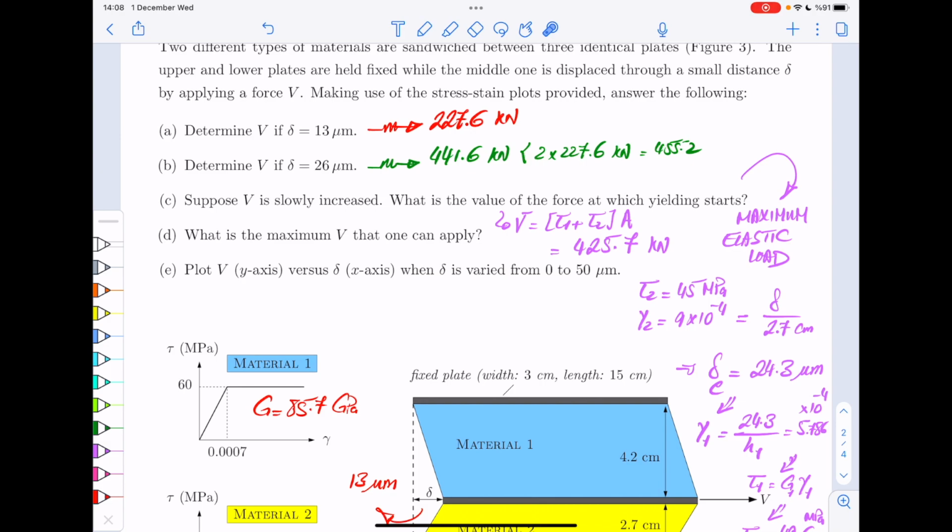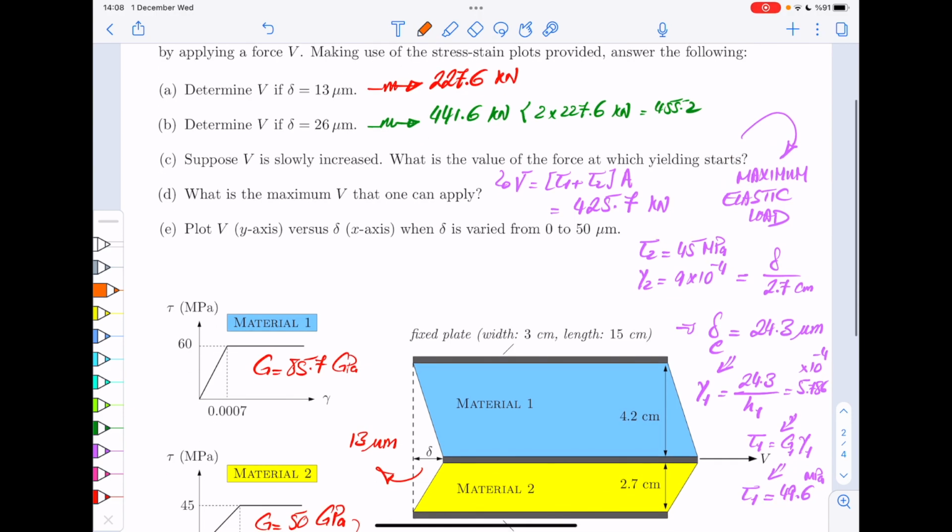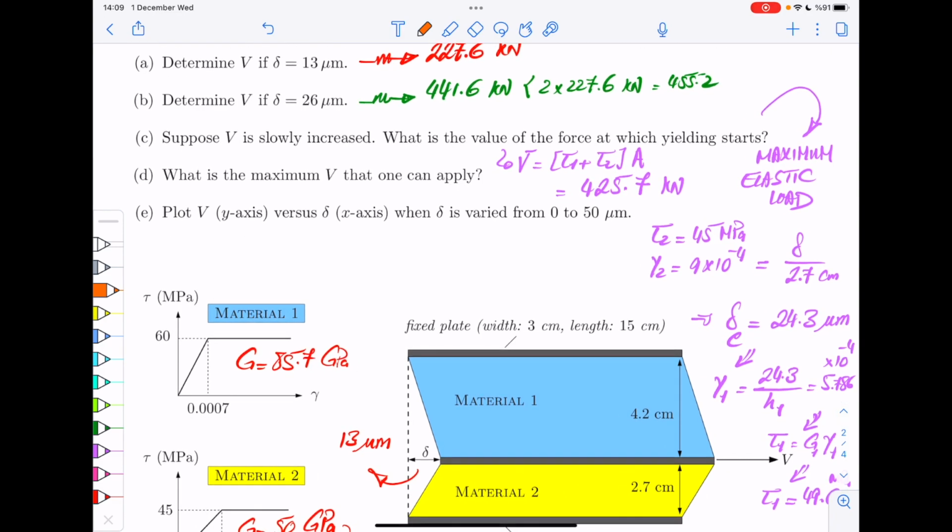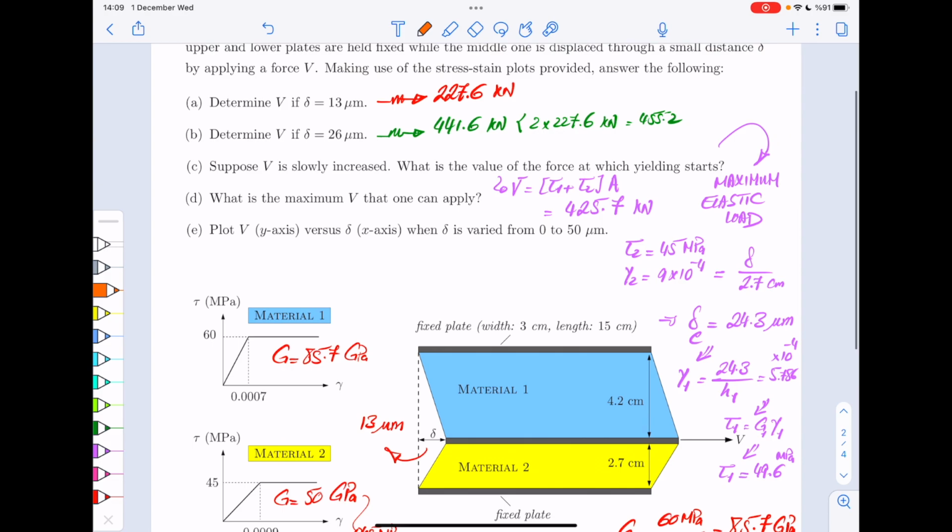All right. Now, the next question is, what is the maximum V that one can apply? So maximum V, remember this was maximum elastic load. What we want to calculate next is maximum plastic load. It gets a little crowded, but I think you can follow. So what's the maximum plastic load? That's pretty easy, because that means at this point, both of them are plastified.